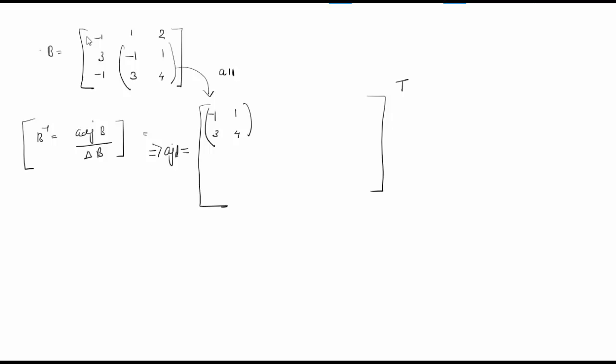So transpose of this will be my adjoint, and the same way by considering this I will have to consider this and this. So in that way I will have to write it here. So it is 3 of minus 1 and 1 of 4, and in this way, it is 3 minus 1 and minus 1 3, and this will be 1 3 and 2 4.